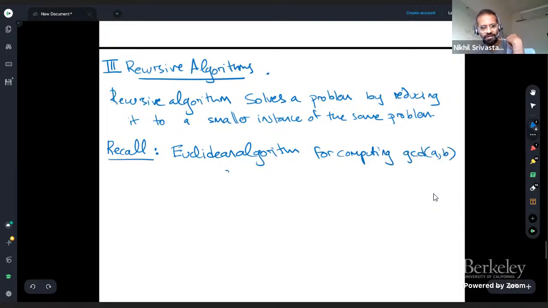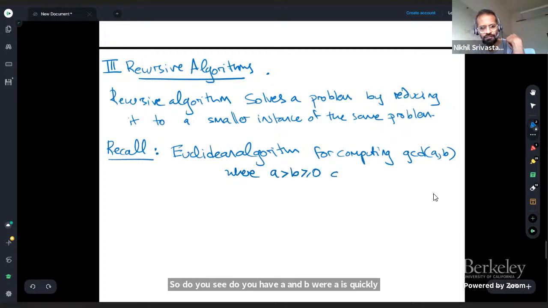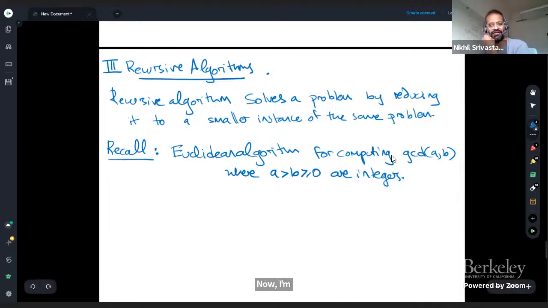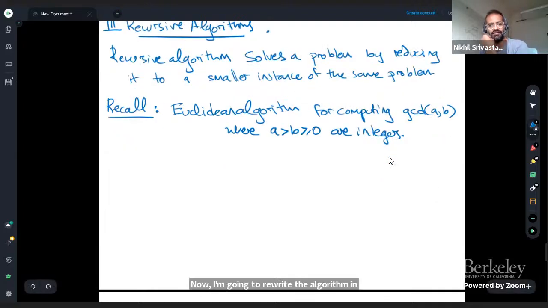So GCD of A and B, where A is strictly bigger than B and both are non-negative. Now, I'm going to rewrite the algorithm in a way that's really a recursive definition of a function. Okay, so here's the recursive definition.